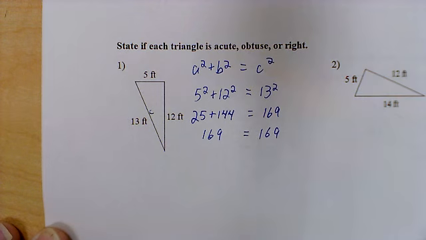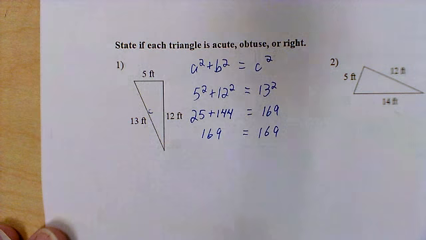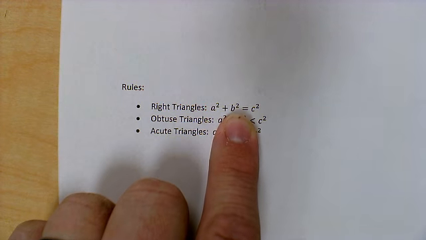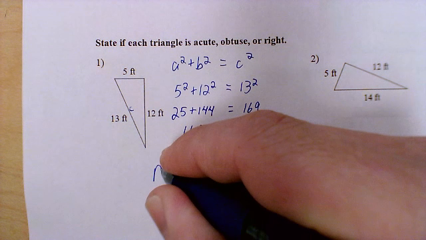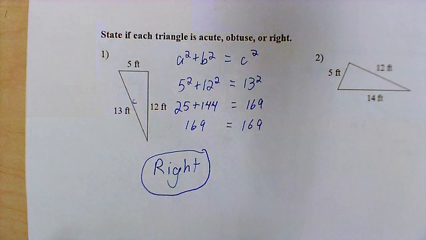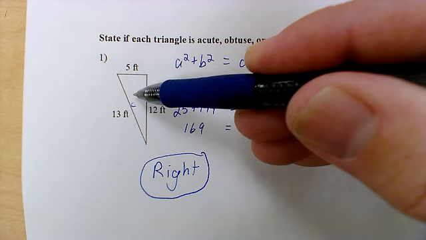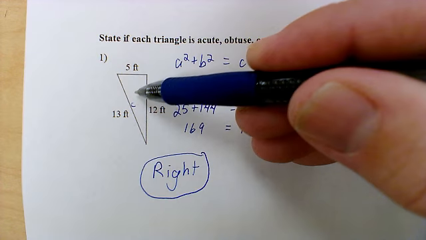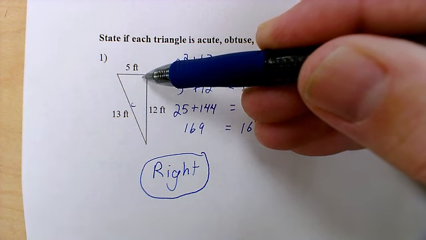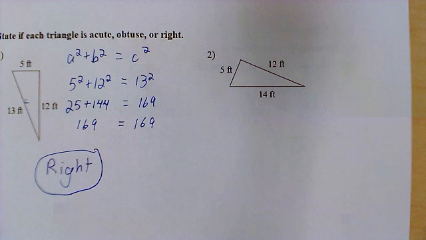Now that I know that a squared plus b squared equals c squared, we'll refer back to the notes and see that it is a right triangle. That's my answer. Just as a little bonus, the angle that you're describing would always be across from the c. So this would have to be my right angle between the 5 and the 12.